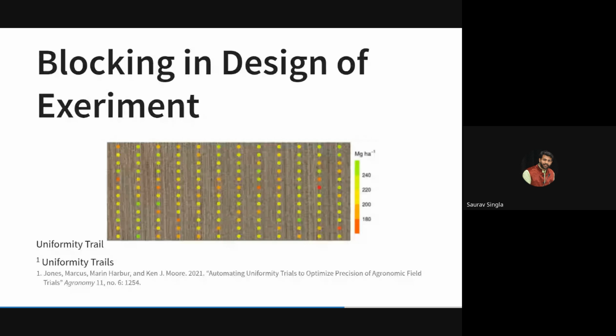So what we say, we construct a block. What we construct? We construct a block which consists of similar characteristics plots. All those plots having similar characteristics, we put in one block. So the green ones fall in one block, yellow ones in one block, red ones in another block, orange ones in another block, lemon colored in another block.